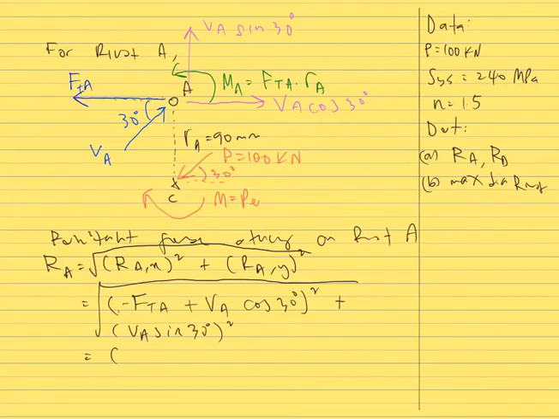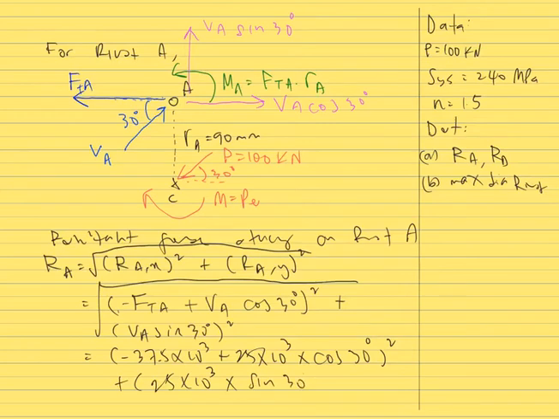then we put the value. So FTA is equal to, so negative 37.5 kilo plus with VA, our direct shear force, which is 25 kilo times with the cos 30 degree square plus forces on the Y direction, which is VA, so 35 kilo times with this sin 30 degree square, and then square root.